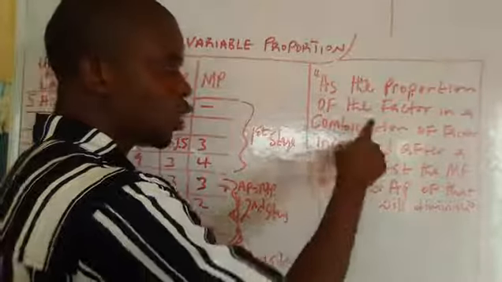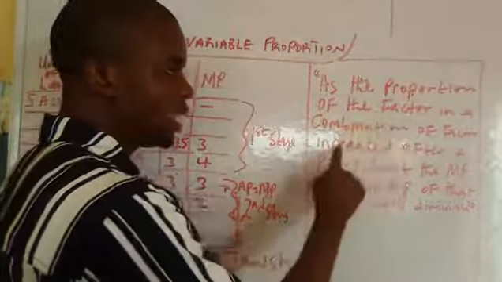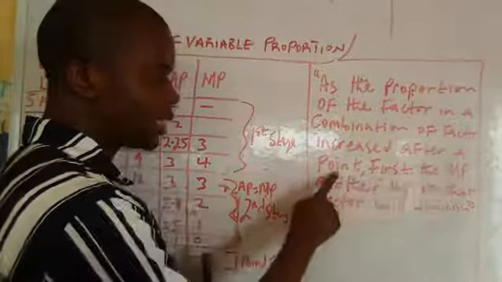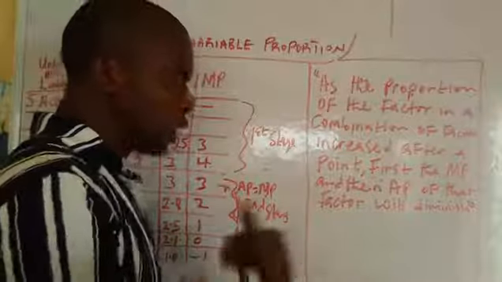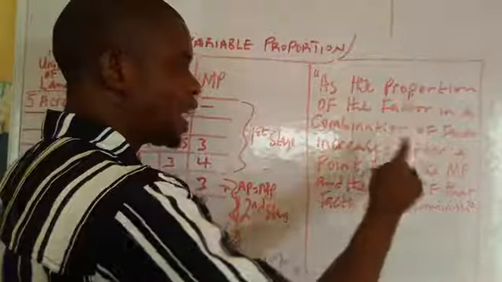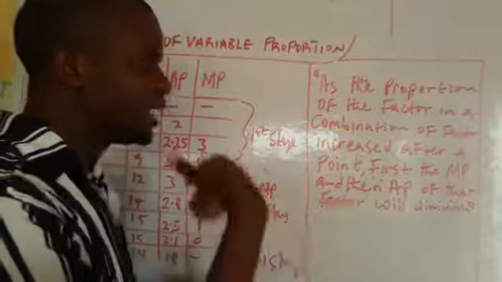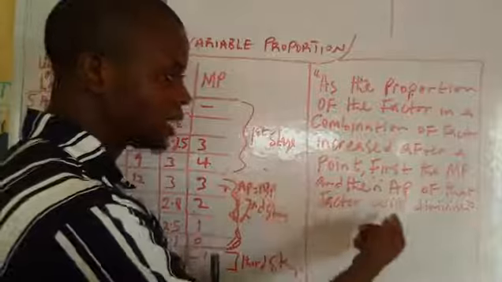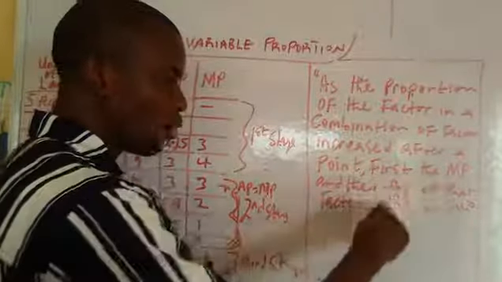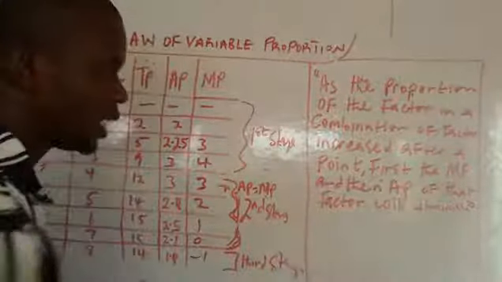First, when we have more variable inputs, initially the marginal product and then the average product will increase. Then at a point, the marginal product will fall, and the average product will fall, will diminish. That is what it is talking about.